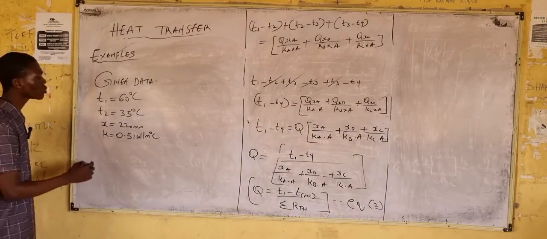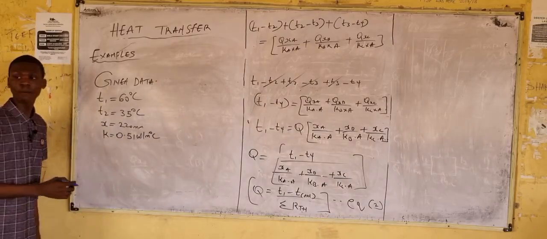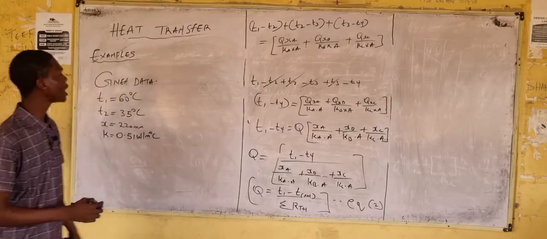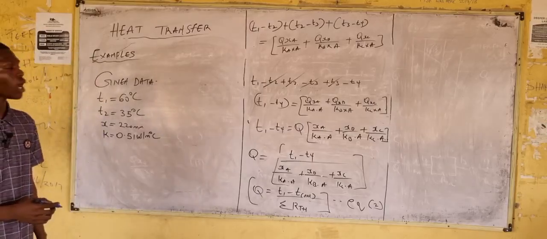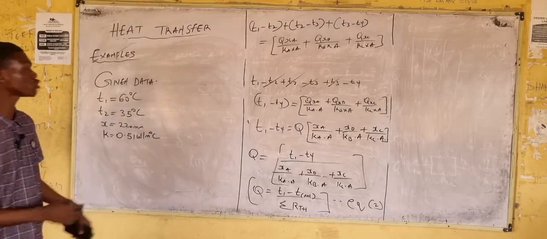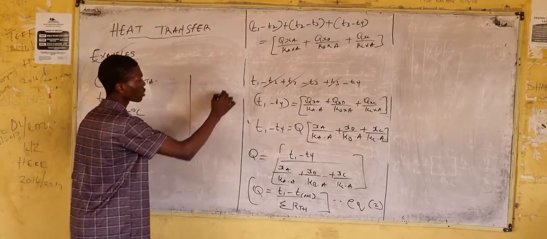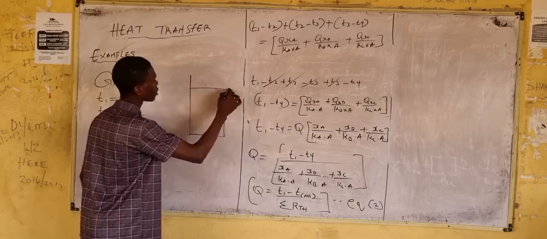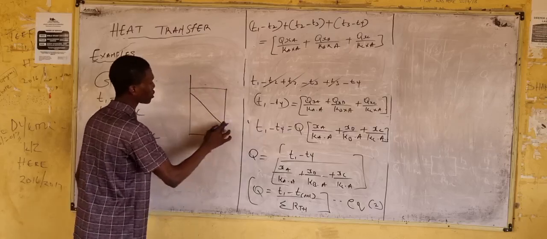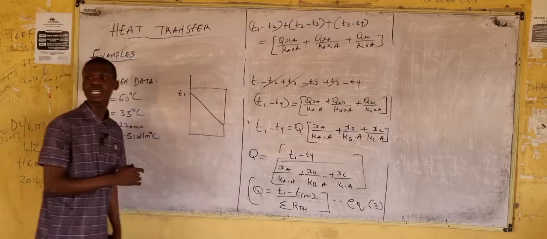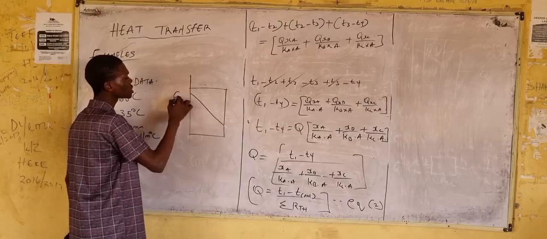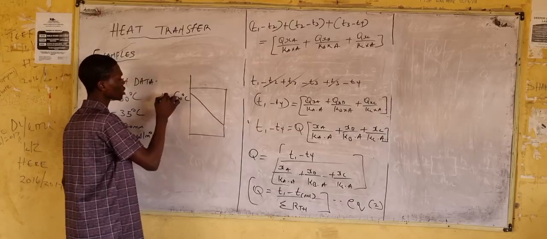What are we asked to calculate? The heat transfer per meter square. Alright, let's give this question a schematic illustration. This is T1, which is the inner temperature, at 60 degrees Celsius.